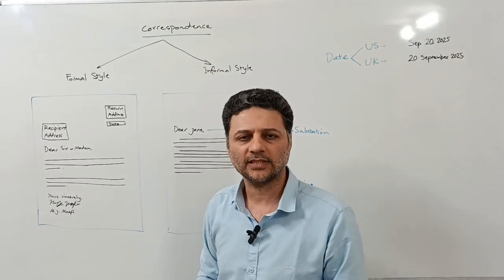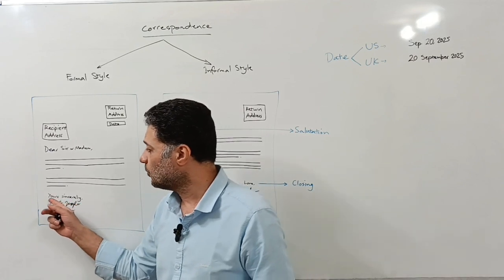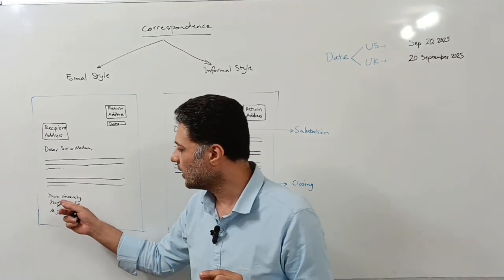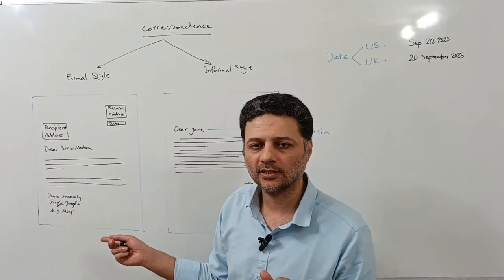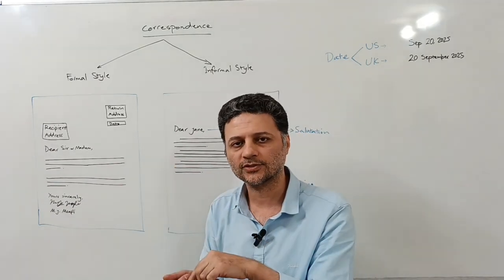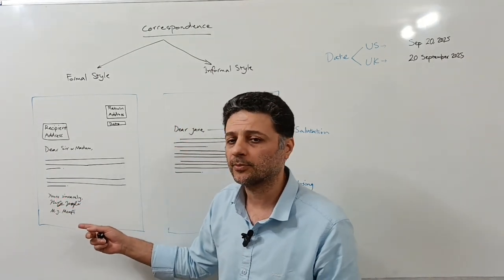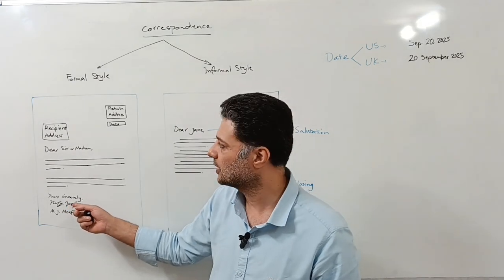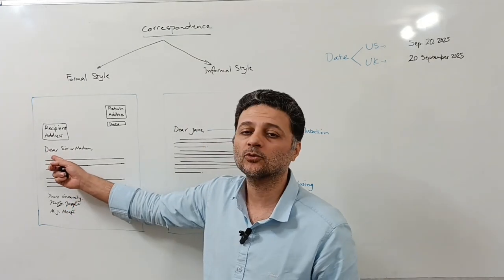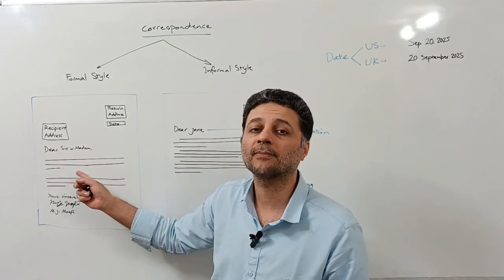And all of these expressions that are available, you can find elsewhere. But we close the letter with some expressions such as yours sincerely, or sincerely yours. Both ways are possible. Or usually British people use yours faithfully, especially when you start your letter with the salutation of dear sir or madam, or dear madam or sir.